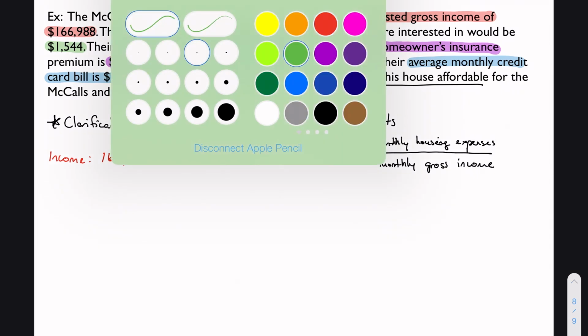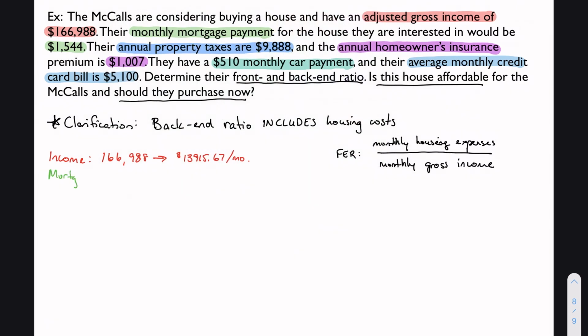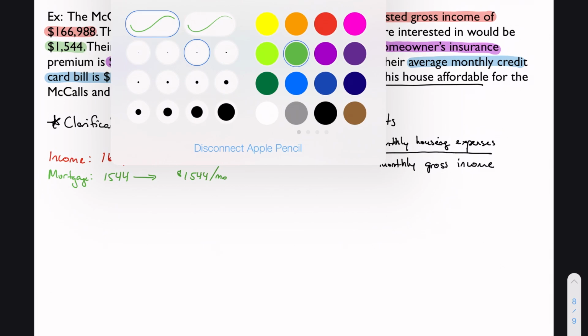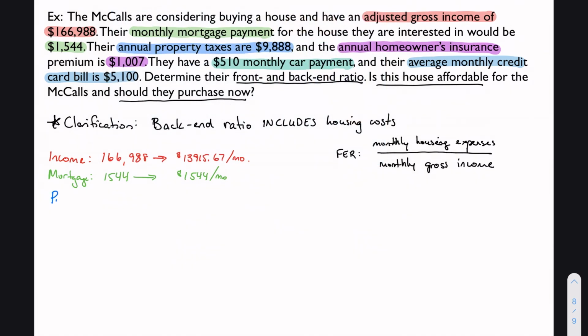Their mortgage is already monthly. I'm just going to carry it over for the sake of looking complete. We have property taxes, $9,888, which is $824 a month.